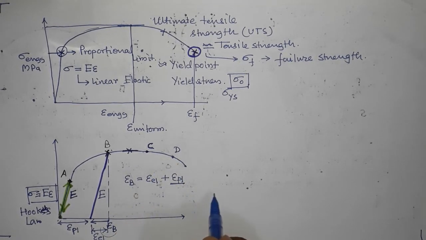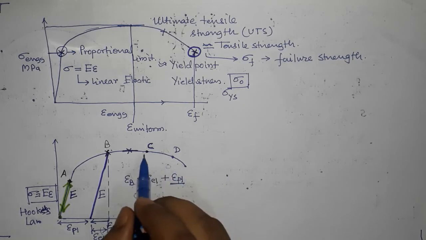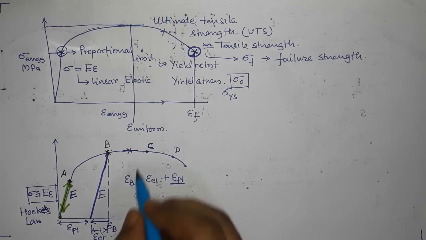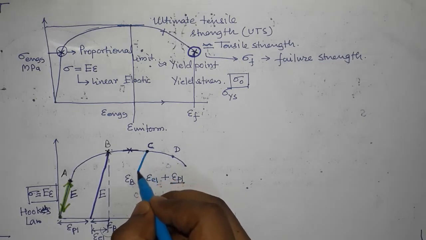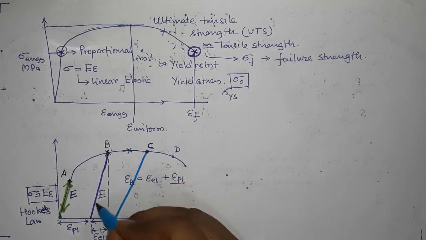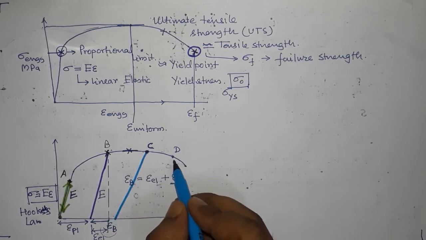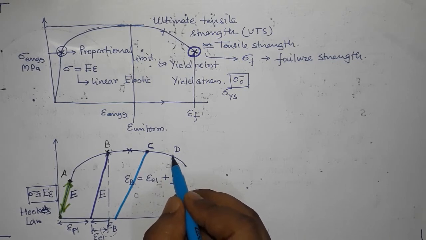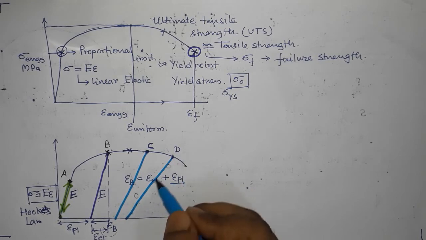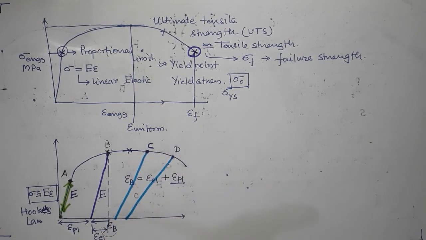So strain which will recover and strain which will not recover, but there will be a difference, and that difference will be that this slope will change. So here it will not be E, and when you do it from this point, the slope will change further, okay, and you see that slope is decreasing, okay.